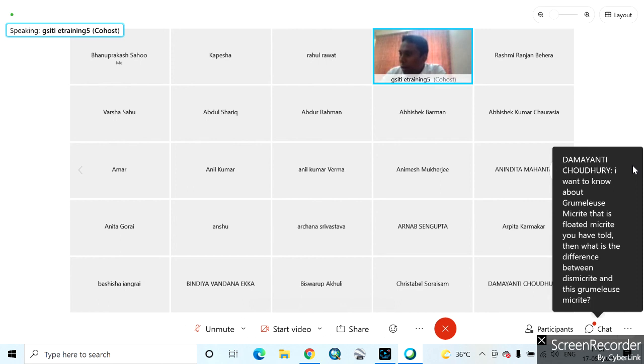If there is a monomictic conglomerate, meaning only a single kind of clast is there, for example the basal conglomerate at the base of the Gondwana sequences, and in most parts Gondwana is developed over the Archean basement.